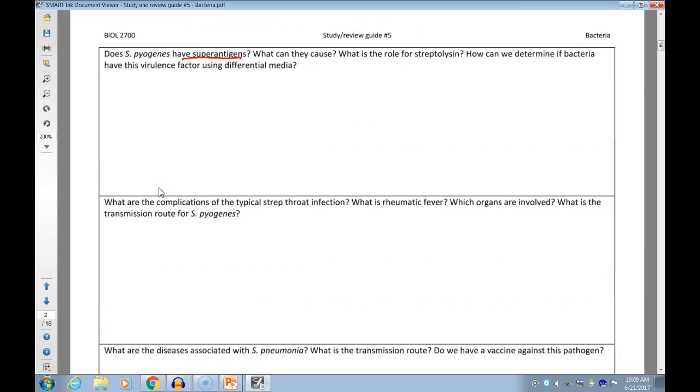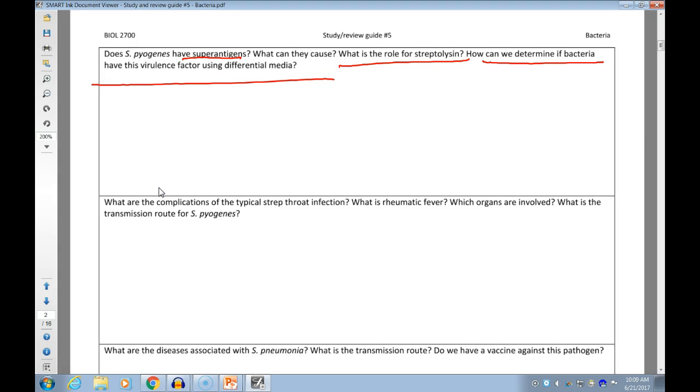Does it have superantigens? Yes, it does. Can they cause the same toxic shock syndrome? Okay. It's the role for streptolysin. It induces hemolysis. So it kind of answers this question: if Streptococcus is hemolytic, then we can determine it using blood agar.